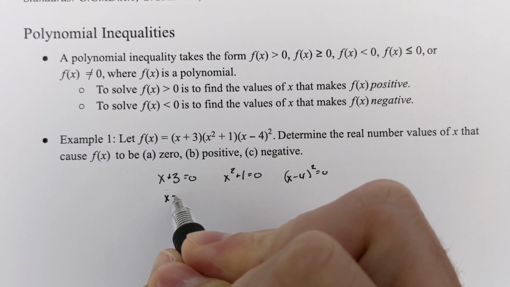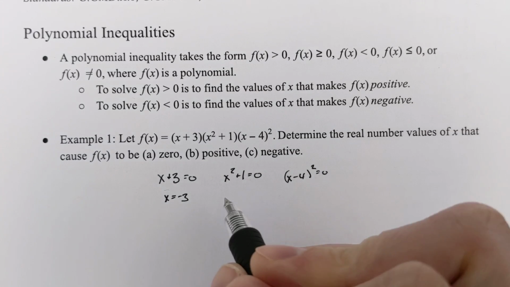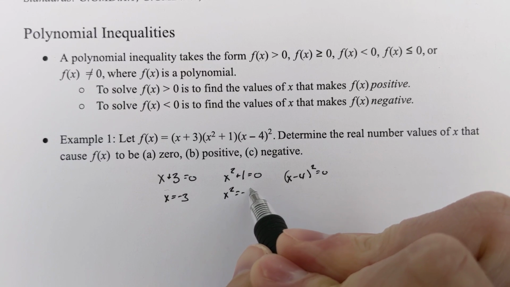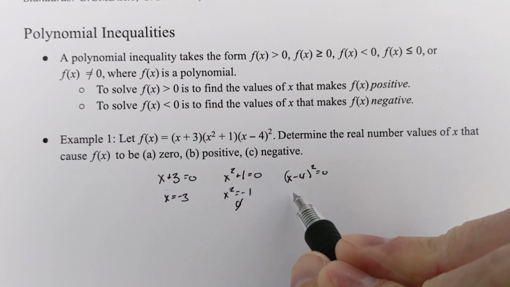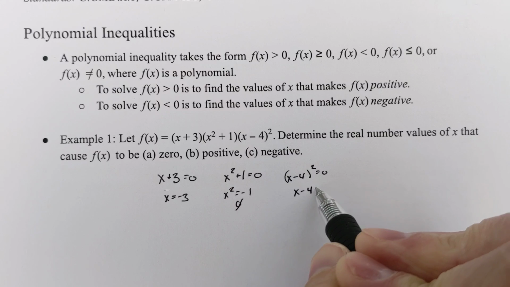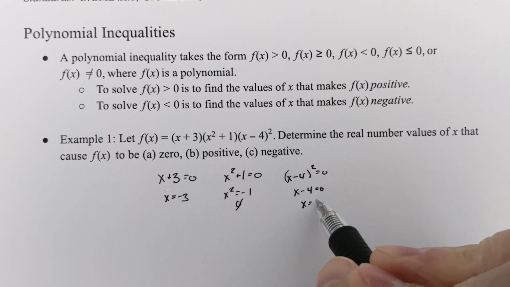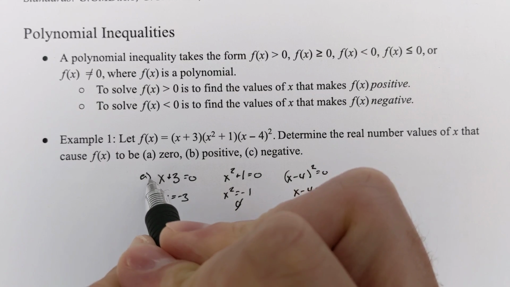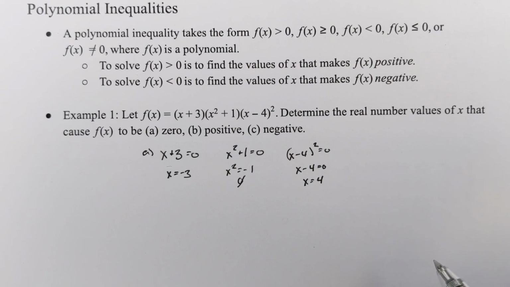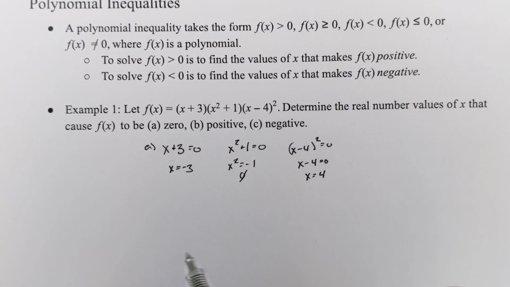This one's going to be negative 3. X squared is equal to negative 1, which has no solutions. And this one was x minus 4 equals 0. When I take the square root of both sides, the square root of 0 is still 0, so x equals 4. So there's part A: negative 3 and 4.